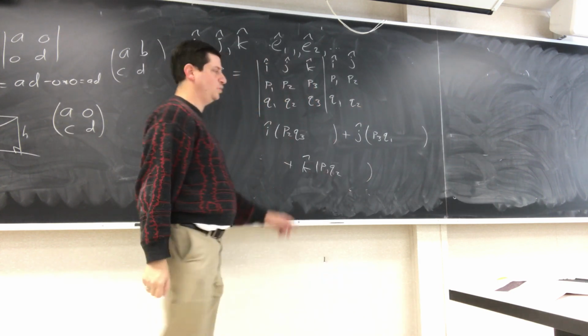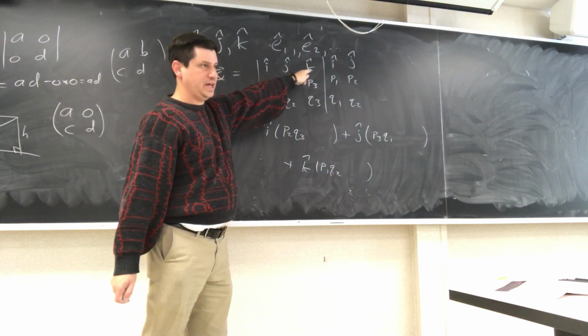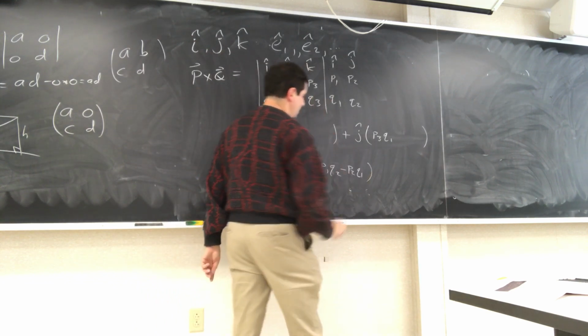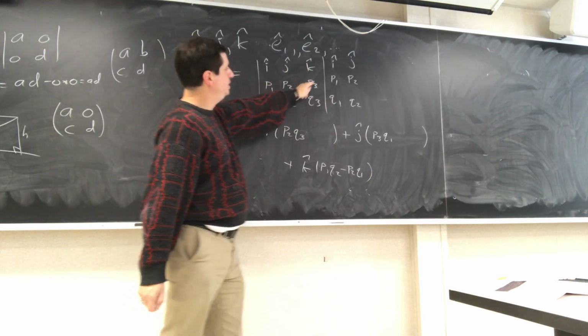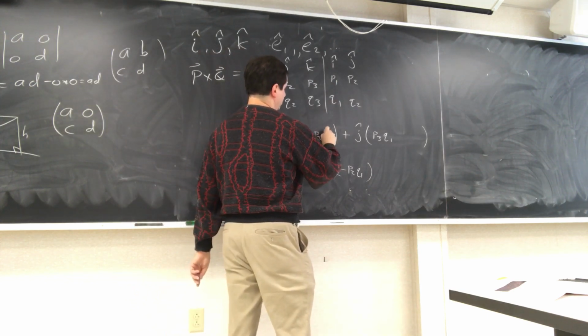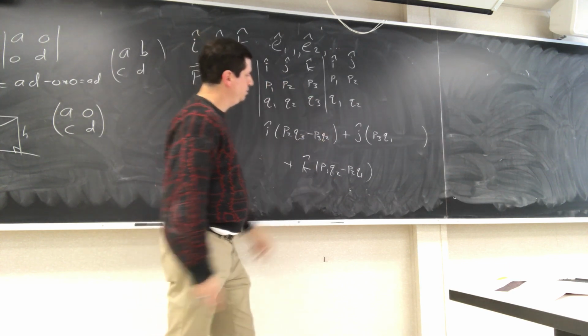Now I have the minus ones. I would have P2, Q1 with a k hat, so they would come down here. Then I would have Q2, P3 with an i hat, so minus P3, Q2. And then over here, the j hat would be P1, Q3.